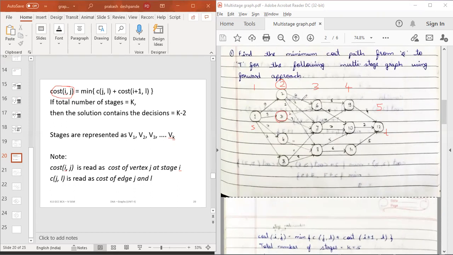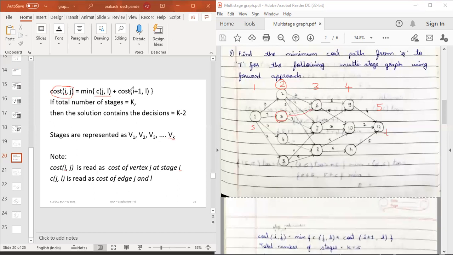In the forward approach, we will try to calculate the cost in the forward direction by calculating the next vertex's cost. So J comma L here indicates that suppose I want to calculate from 3 to 6 onwards, then CJL is nothing but the edge where J is 3 and L is going to be 6, which is placed in the next stage.